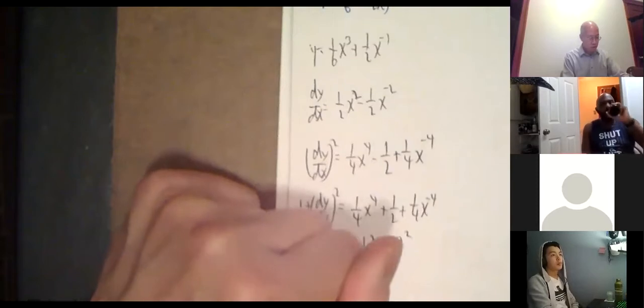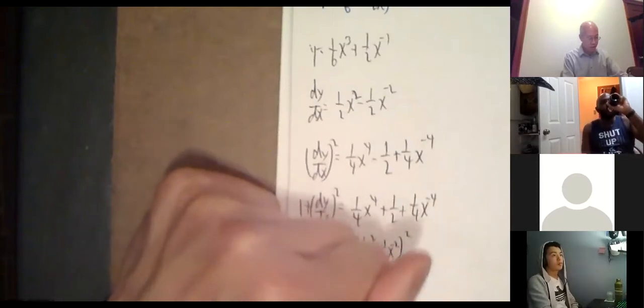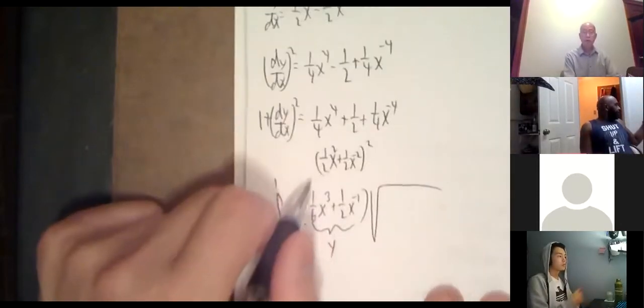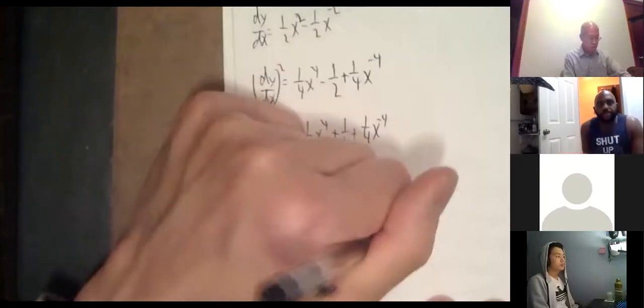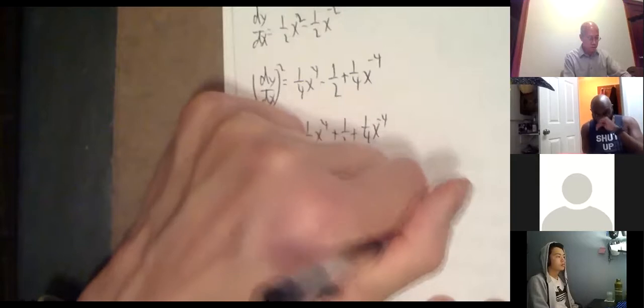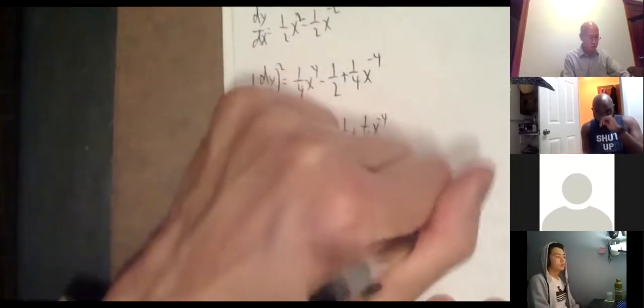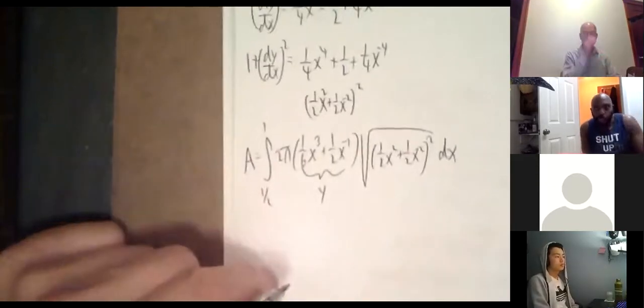since we're spinning about the x-axis, so I have to copy all this stuff. 1/6 x cubed plus 1/2 x to the negative 1, 2 pi y, and then square root of all this stuff, dx.